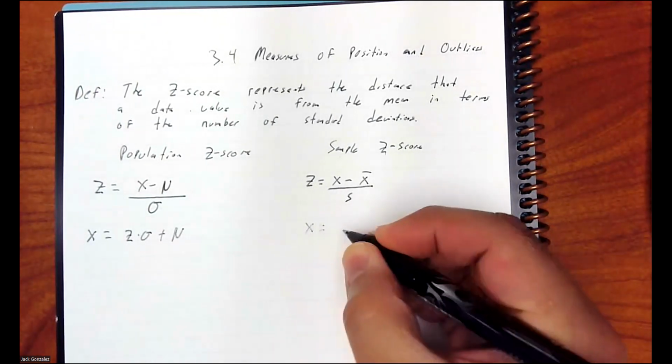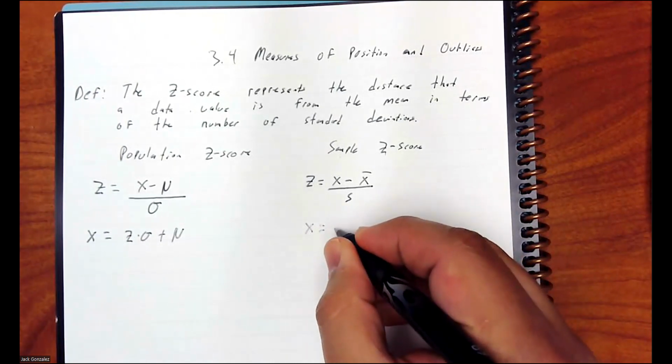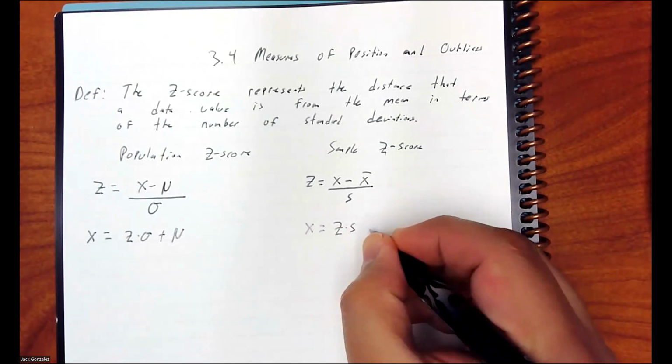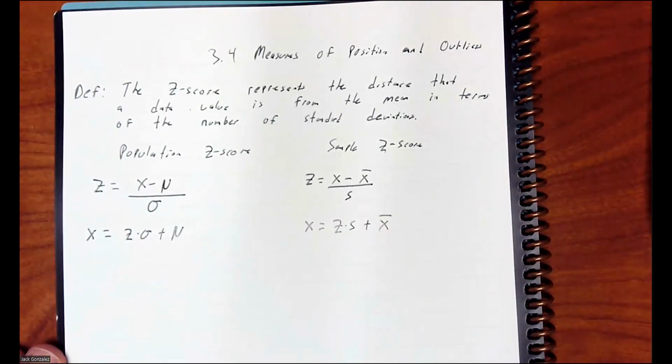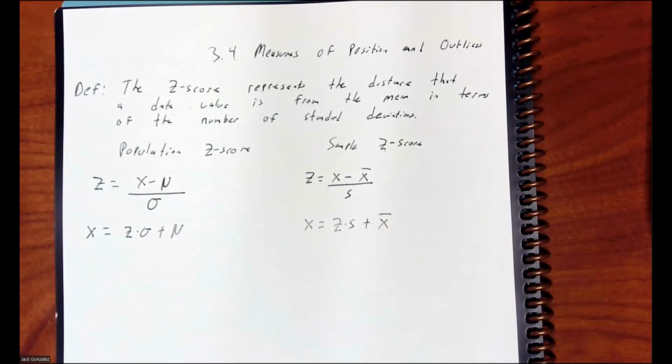X would be equal to Z times S plus X bar. And you can solve them all if you really want to, but the only thing I can think of that they might ask about is convert to Z or convert to X. Just in case, there it is. And we'll do some examples in a second.